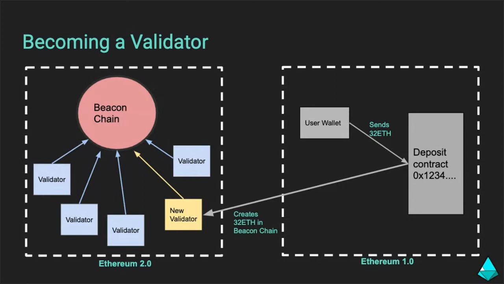The deposit contract will emit a deposit log, and the beacon node will monitor those logs. After a certain time, to ensure there are no forks in the ETH1 chain, the new validators will get inducted in the beacon chain state, and that's when the new validator can start validating and attesting.